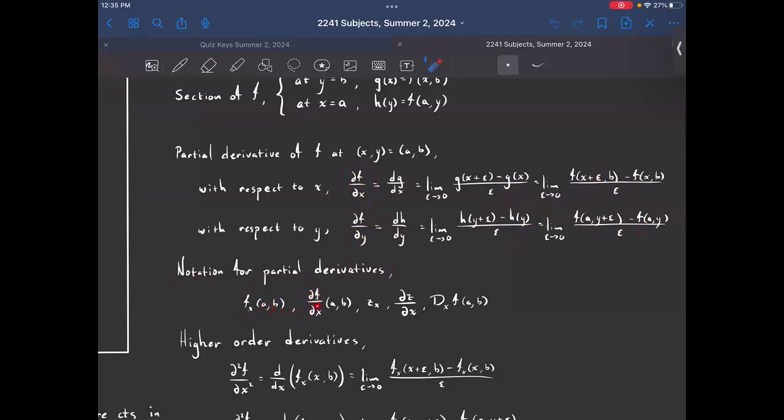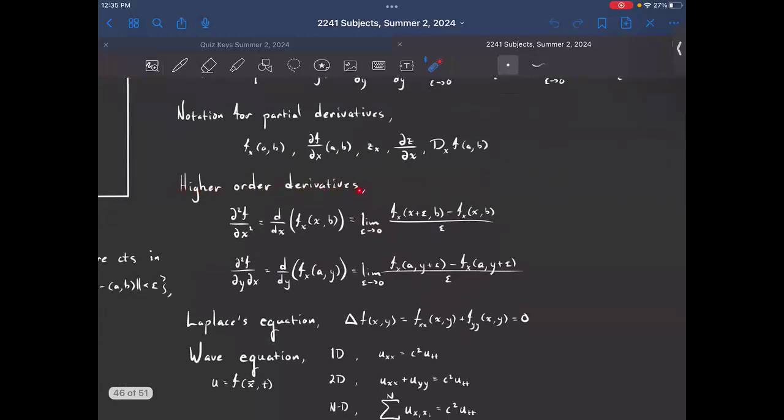We'll have partial f, partial x, as we've seen, with the inputs over here. We have z, the output variable, with x written there. And we also have dz dx. And then the last one is capital D_x f with the inputs. Okay, and so these are all of the possible partial derivative notations that we might see.